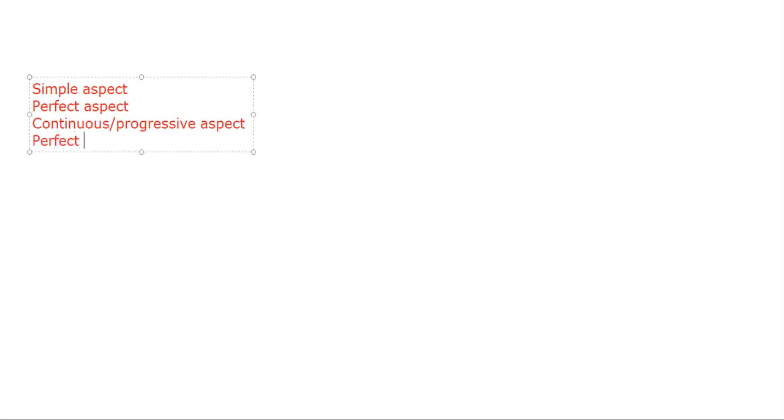So we have a simple aspect, perfect aspect, a continuous aspect, or progressive, and then perfect continuous, or progressive.